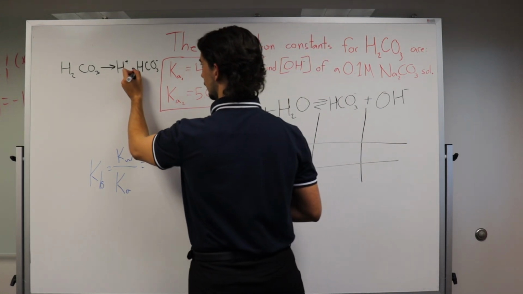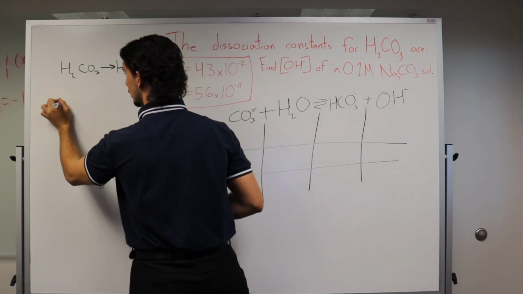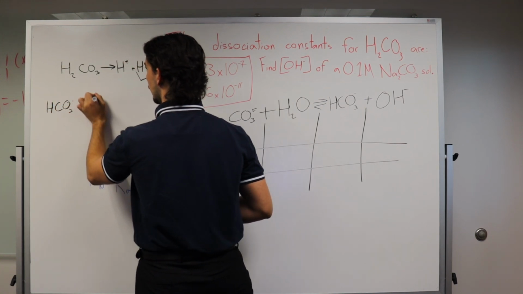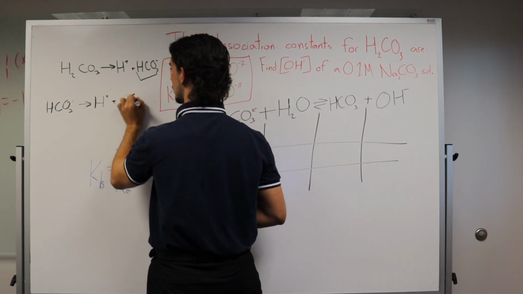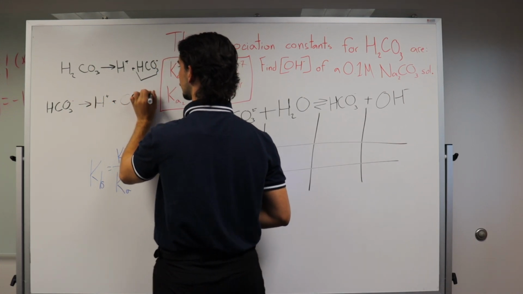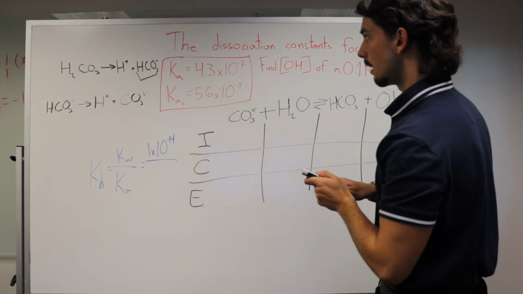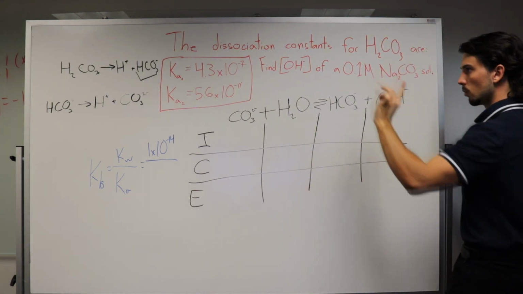Then the second one, we start with this, HCO3, because it still has 1 more to donate. And then that gives us H plus CO3. That's why we have 2 values for the Ka. Which one do we use? Well, it's really important which one we pick.